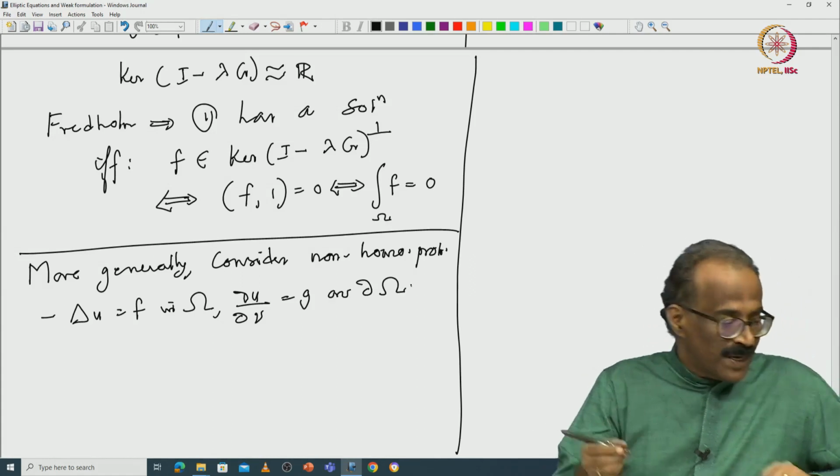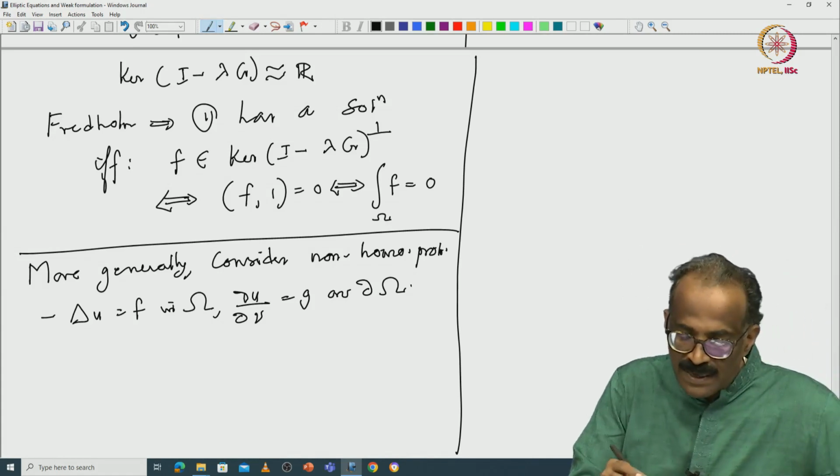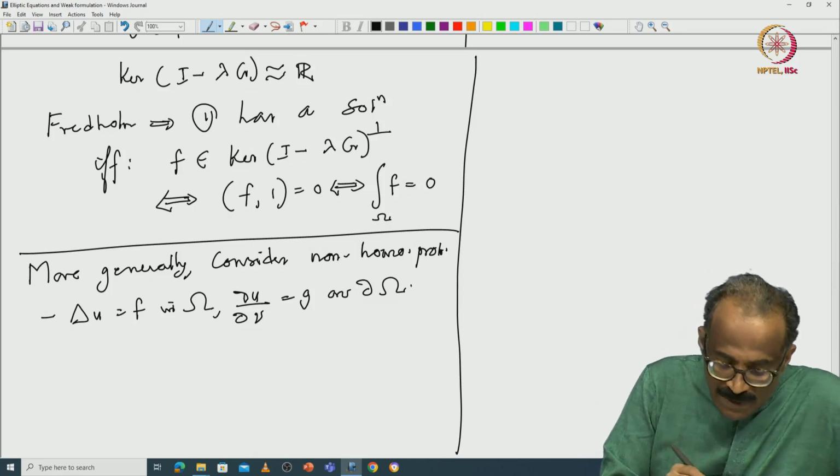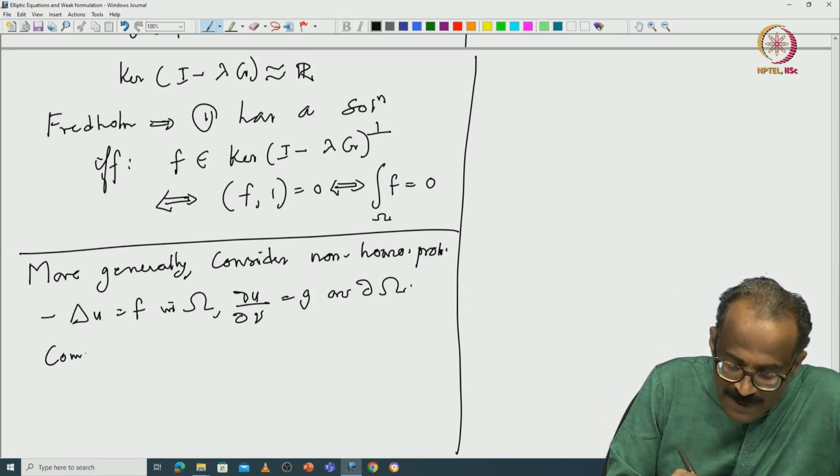And what is the compatibility condition you need to take here? Exactly, you do this with the trace theorem.